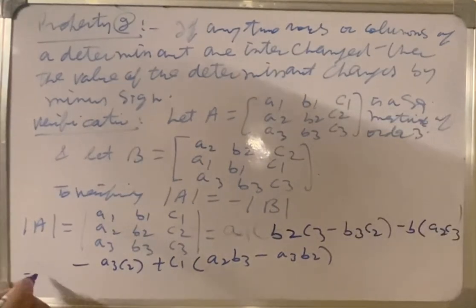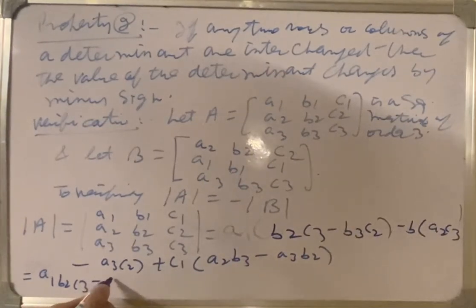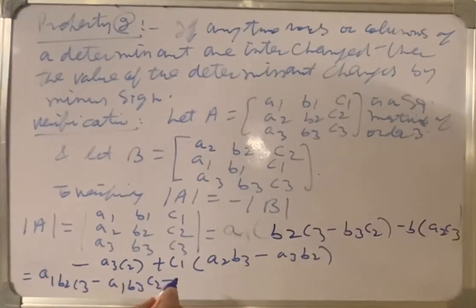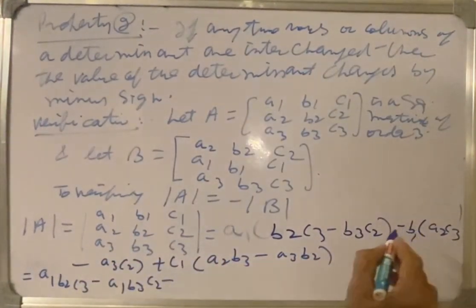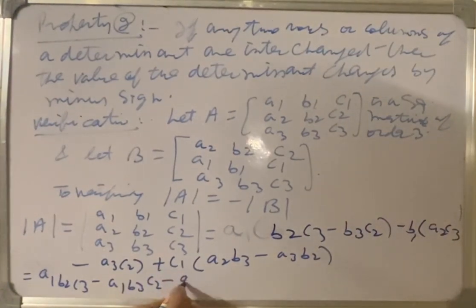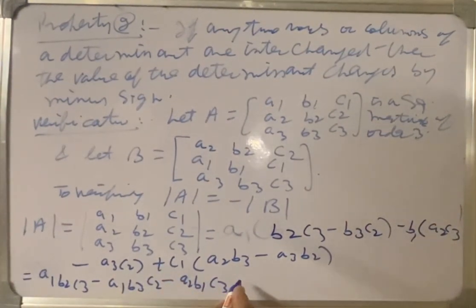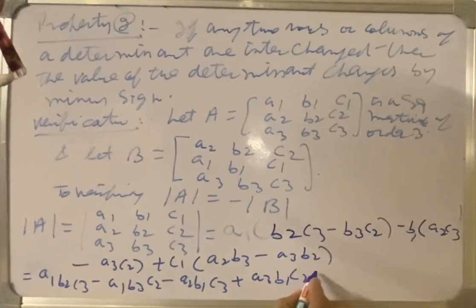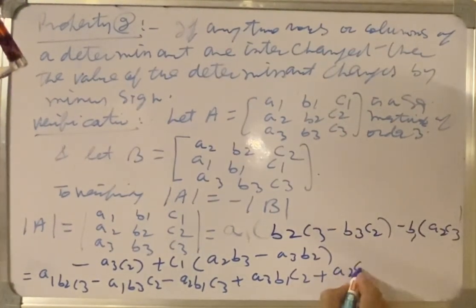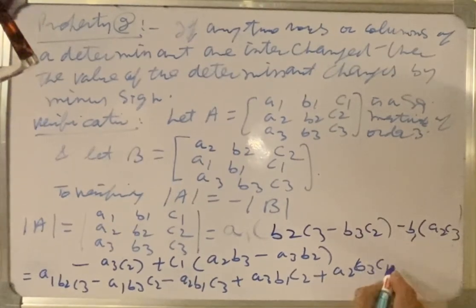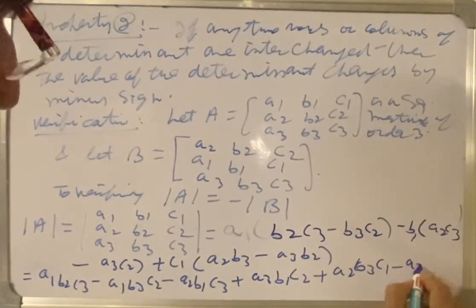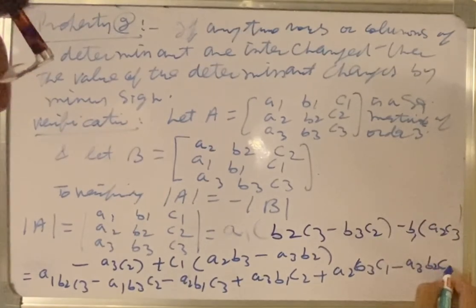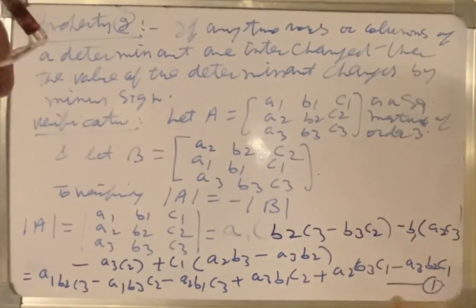Then we open this: A1 B2 C3 minus A1 B3 C2 minus A2 B1 C3 plus A3 B1 C2 plus A2 B3 C1 minus A3 B2 C1. This is number 1.